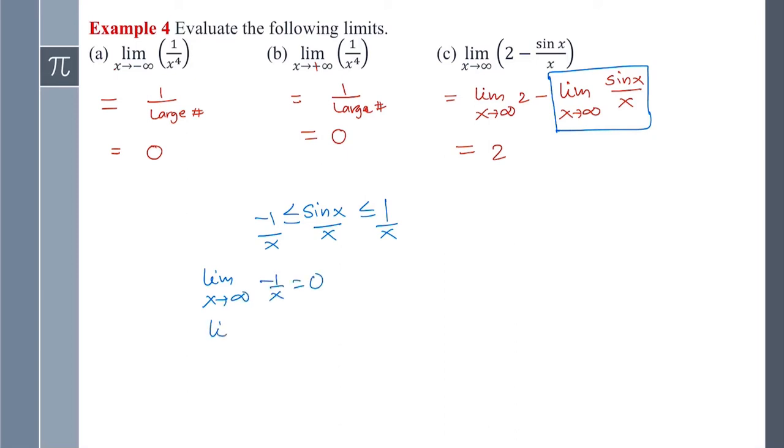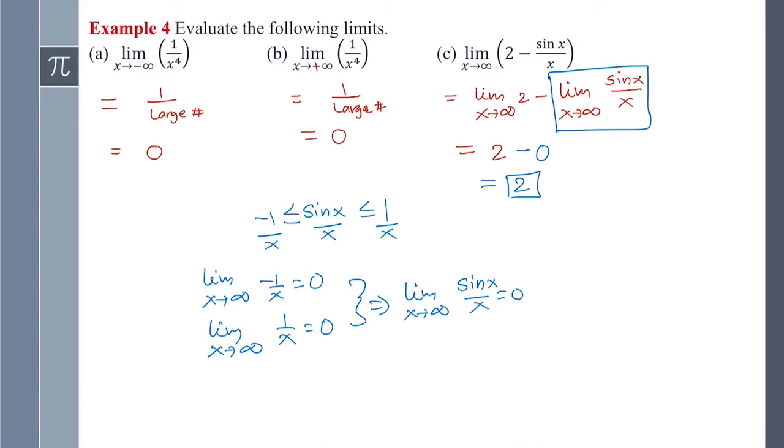Similarly, the limit as x approaches infinity of 1 over x is also 0. By the squeeze theorem, the limit as x approaches infinity of sine x over x is also 0. So we have 2 minus 0, which equals 2.